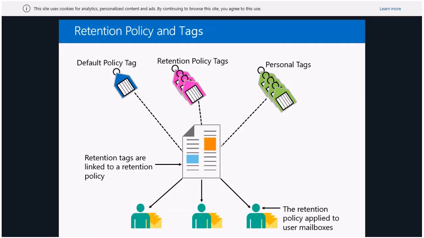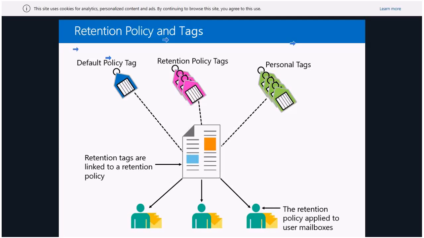The other thing we can do with Exchange now is to implement the retention policy. The idea is we have 3 different policies, here, tags. A tag is, for example, any email older than a year, I want to archive. Any email older than 7 years, I want to delete.